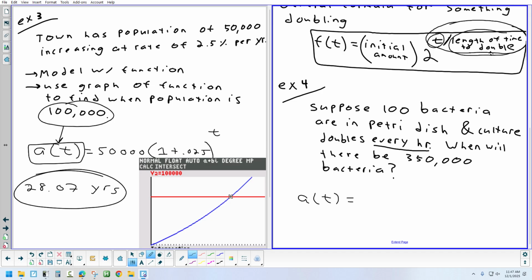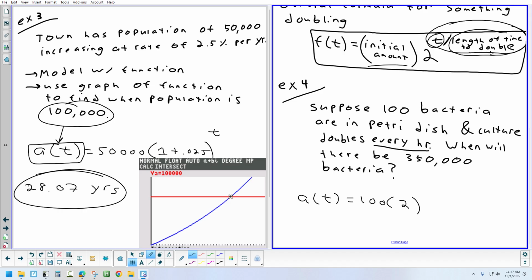So what would be the first thing after the equal sign in our formula? 100, yep. So we get the initial amount times, and then what number always comes after the initial amount in a doubling formula? It's always a 2. So that's taking the place of the 1 plus r. It's just a 2. And then what would the exponent be?